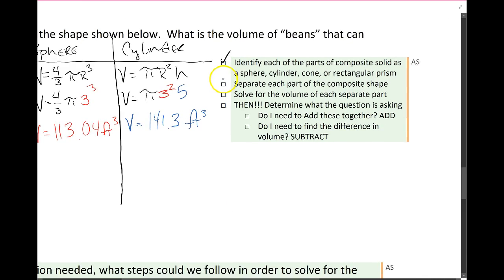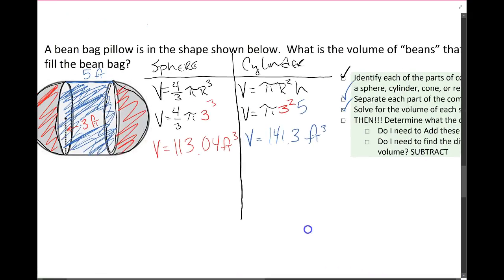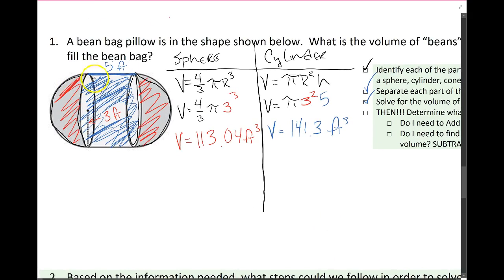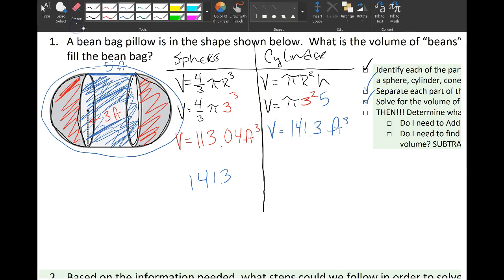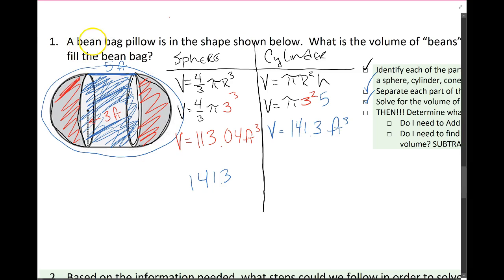Now, the last step, let me check these off. The last step is to determine what the question is asking. Do I need to add these together to create the entire shape? It looks like it, because it's asking what the total volume of this whole thing is, which means I would add them up. So 141.3 plus 113.04 is going to give me, well, let's throw a placeholder in there.